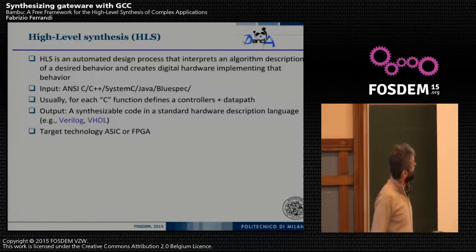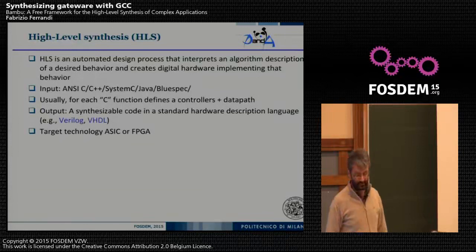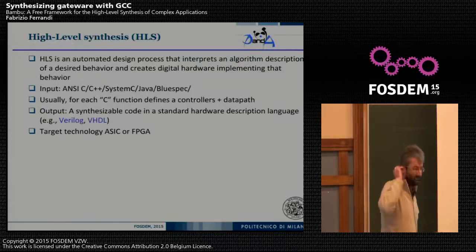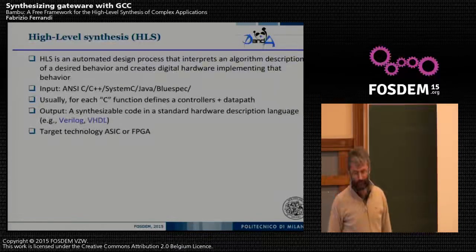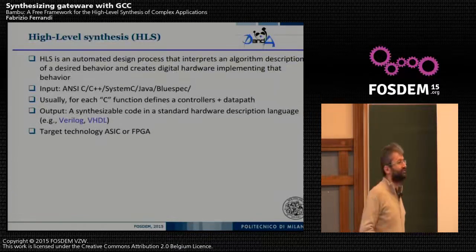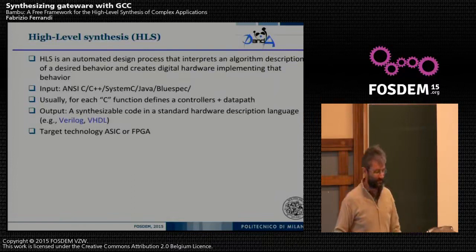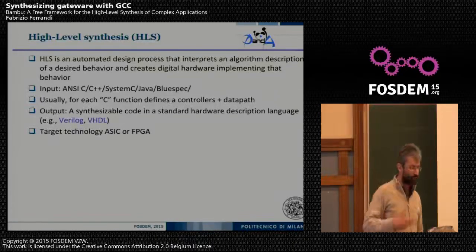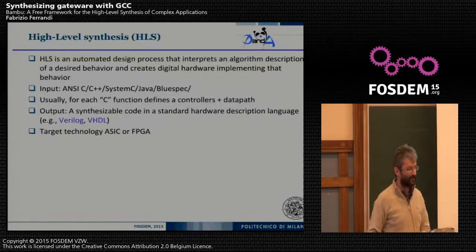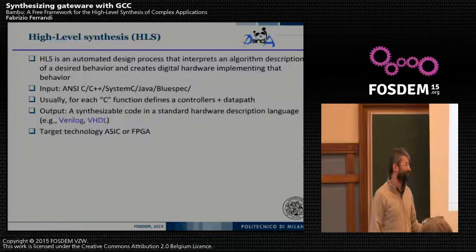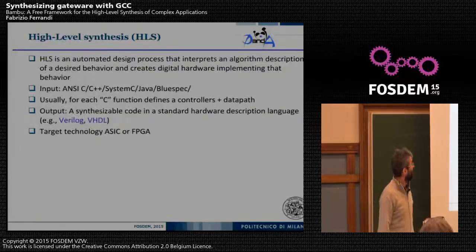In the past there were several languages used as a way to express the behavior. We moved from, in the past, some effort to synthesize behavioral VHDL down to RTL VHDL, for example. But that kind of thing does not work, since you are actually playing the same game as the hardware designer, providing another language or another extension of the language in order to do the same things that a standard designer usually does.